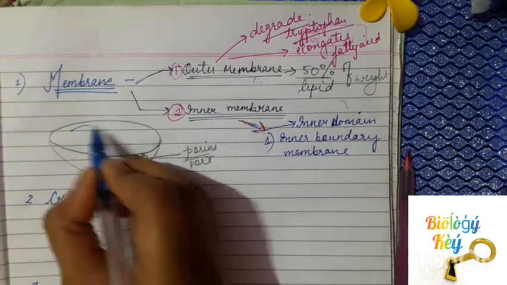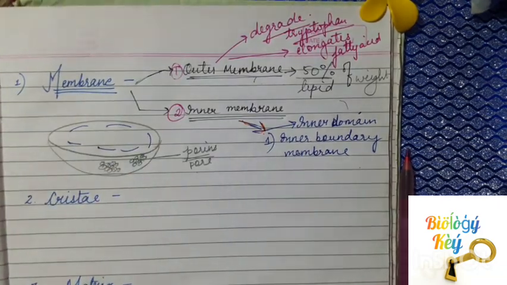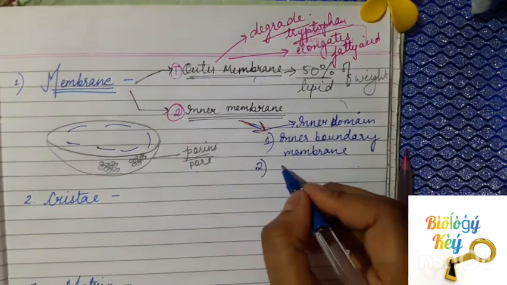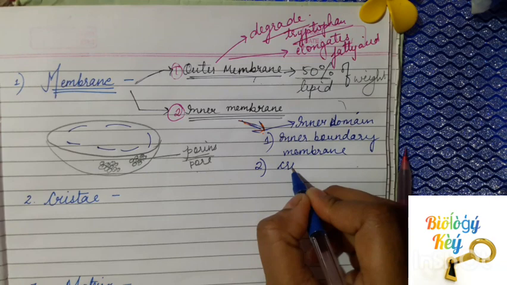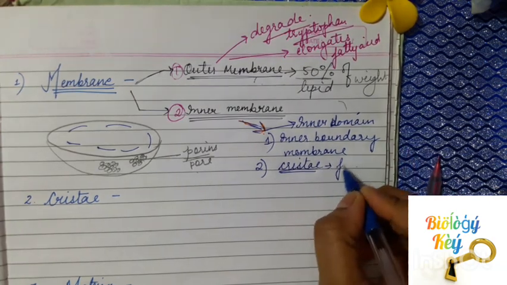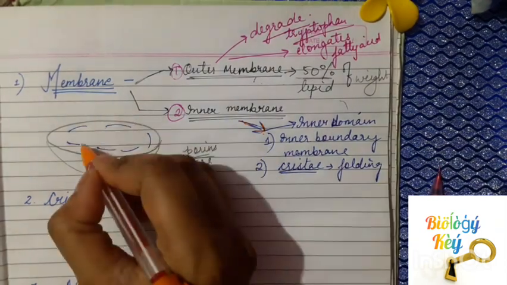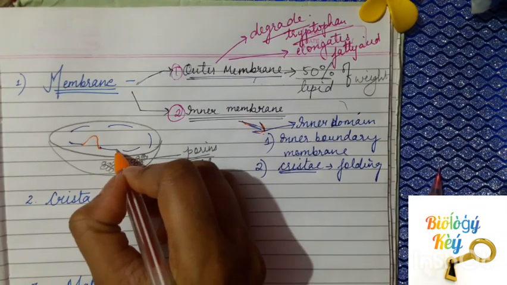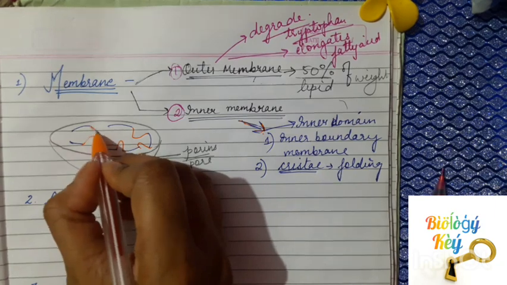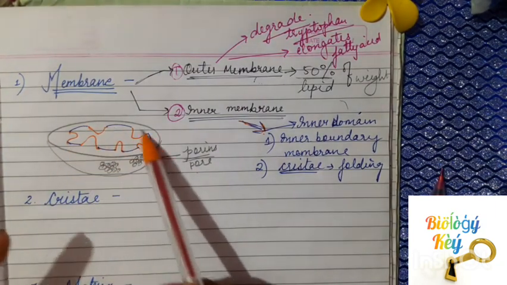As you can see here, these are the inner boundary membrane. Followed by this inner boundary membrane, there is another domain which is called the crista. This crista is nothing but the folding, which looks like this. So this is the inner membrane.